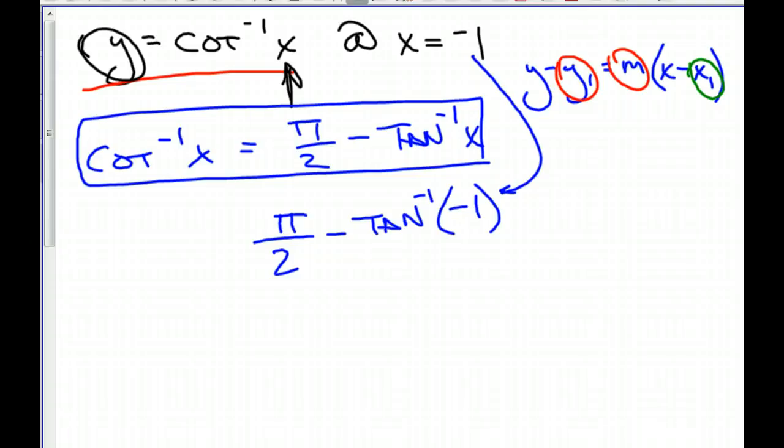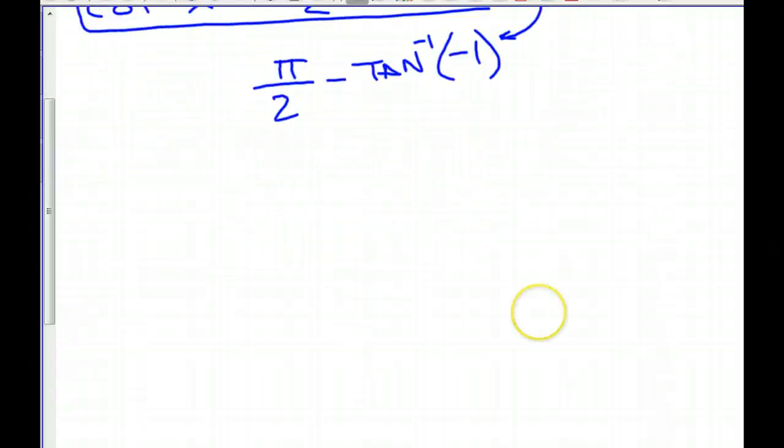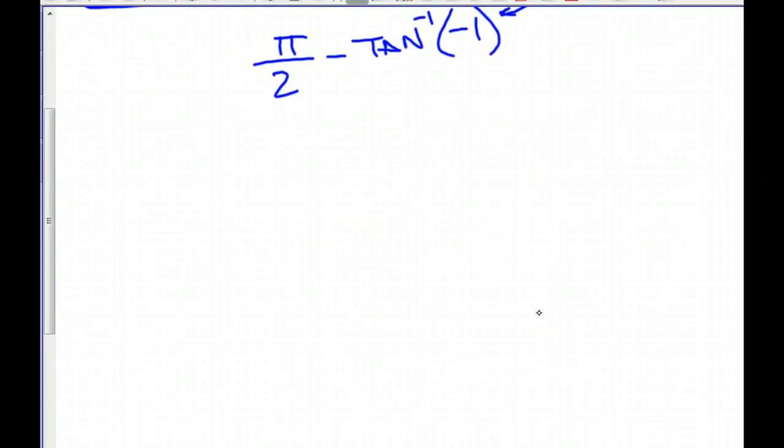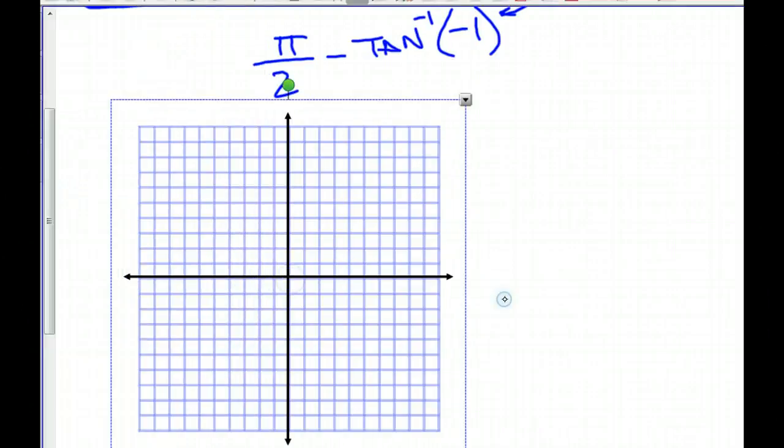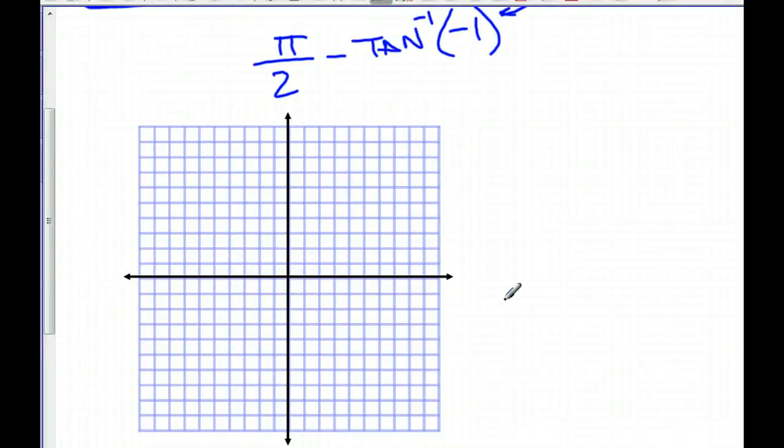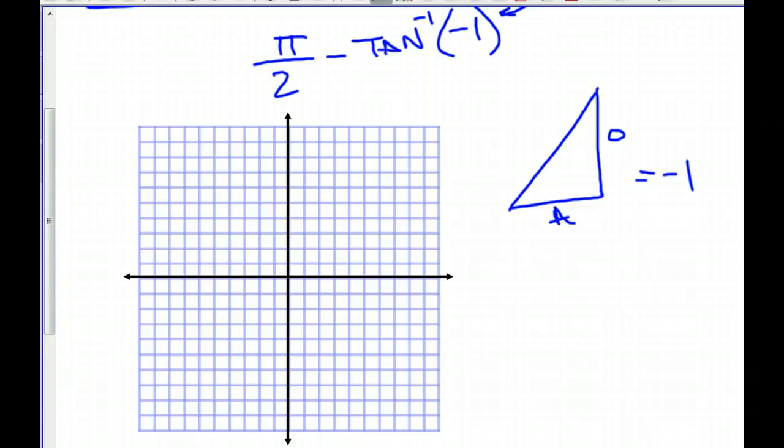Okay, so if we have a graph, which I'm going to have to move some stuff out of the way here. Let's see if we can get a graph up here. Tangent of -1. That is going to be an angle where our opposite over adjacent gives us -1.